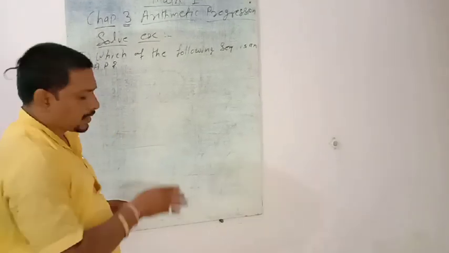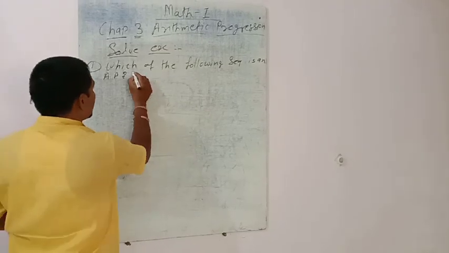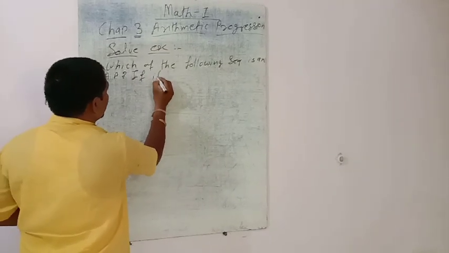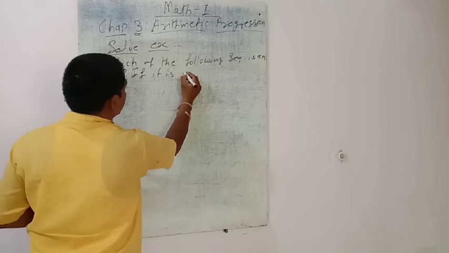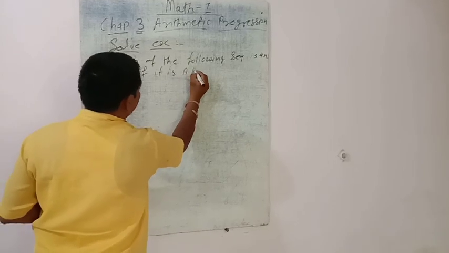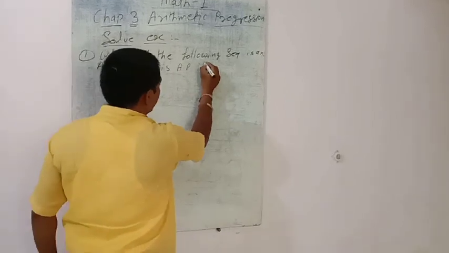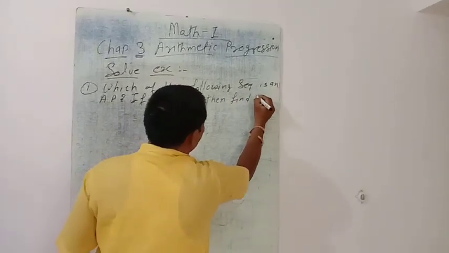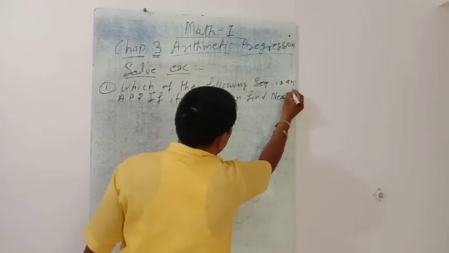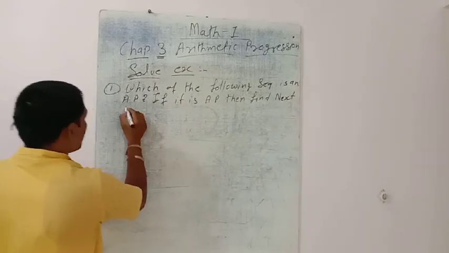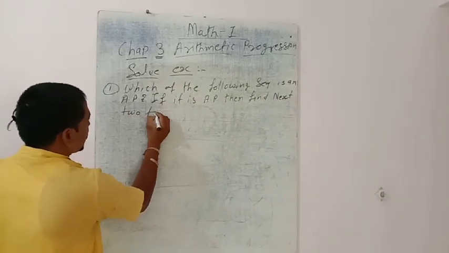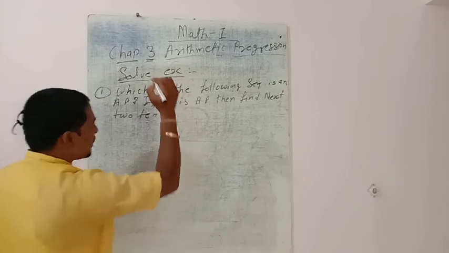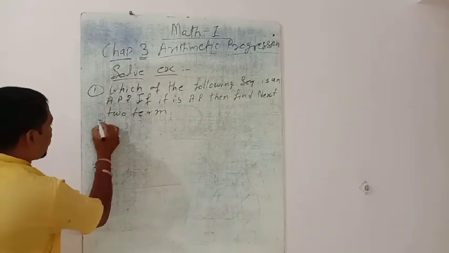If it is an arithmetic progression, if it is an AP, then find the next two terms. So take the first example.